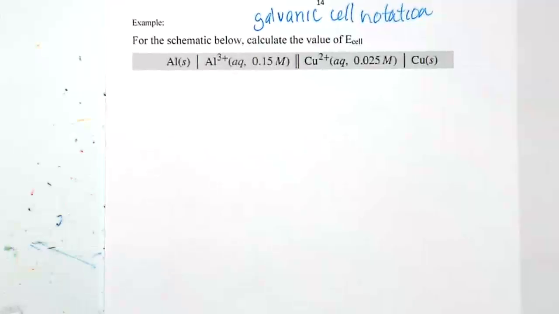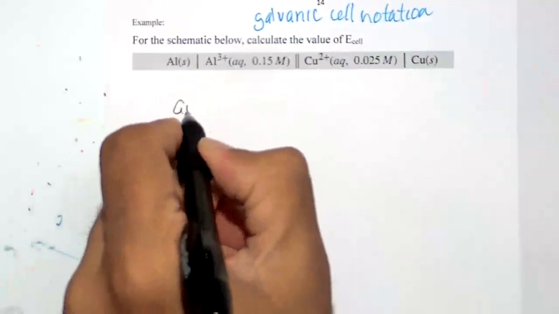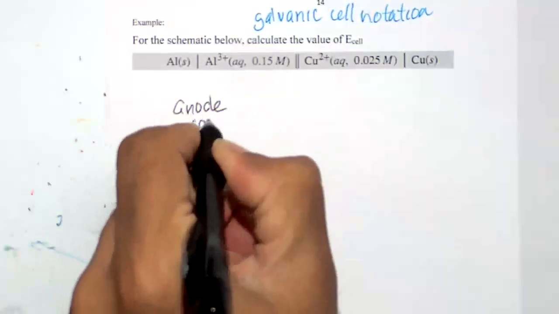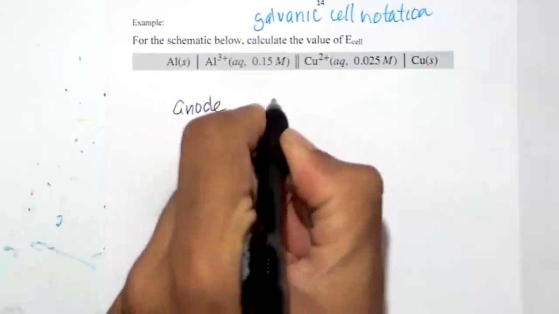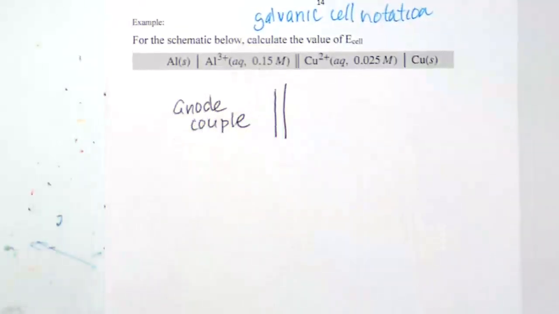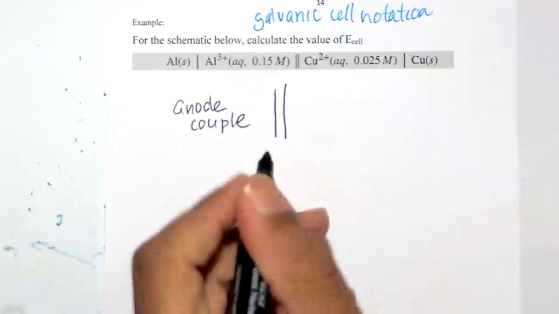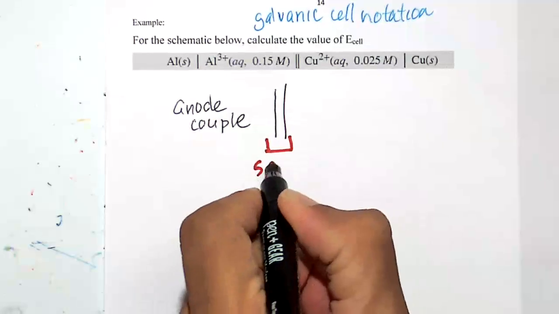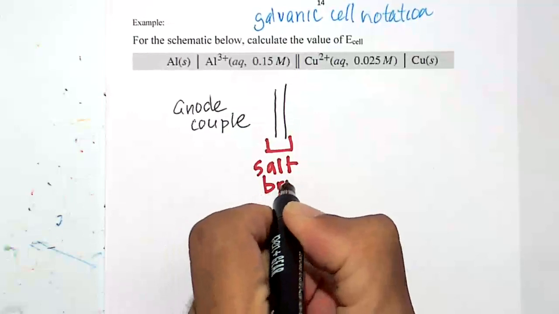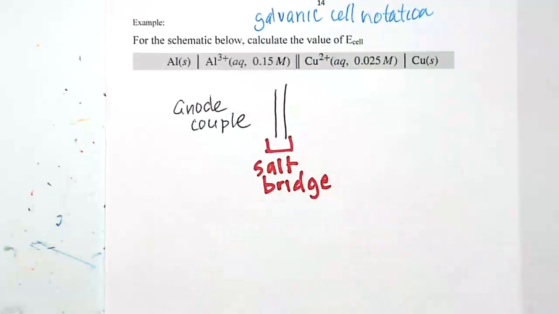All right, so in galvanic cell notation, it's going to be the anode couple. We're going to draw two lines here that represents a salt bridge, and then we will have a cathode couple.